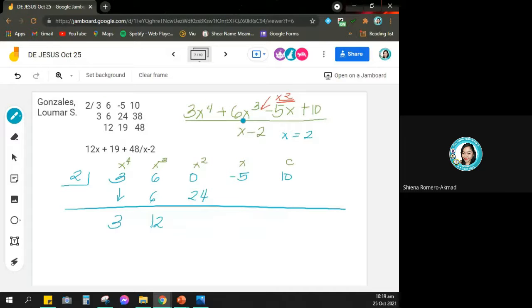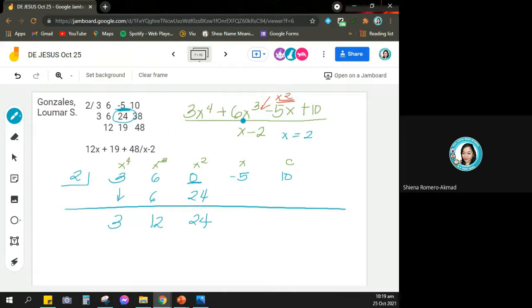So, ano yung difference ng merong 0 at walang 0? Sa kanya kanina, nung nilagay niya yung 24, nasa baba ng -5. Which is dapat nasa baba ng 0. And pag nag-add ka, meron kang 24 dyan.